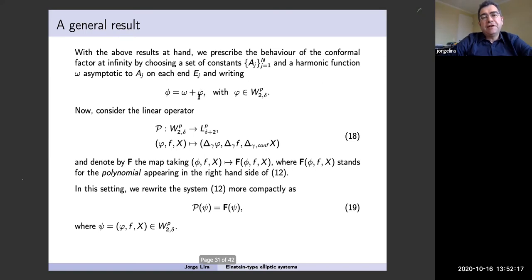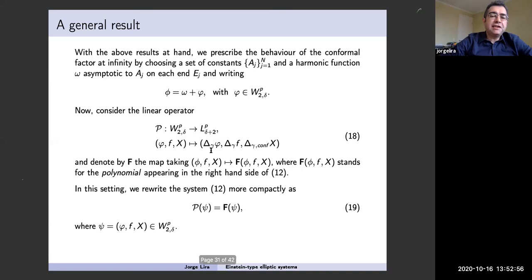So now this modified phi here is the variable you have to find, and that huge operator, which is the Lichnerowicz, momentum, and Maxwell equations, is just denoted by this P. So P starts with these variables, and then you compute the Laplacians at each one of these data. The conformal Laplacian here in the vector field X, and the usual Laplacian of the metric gamma, which is the background metric for the first two.